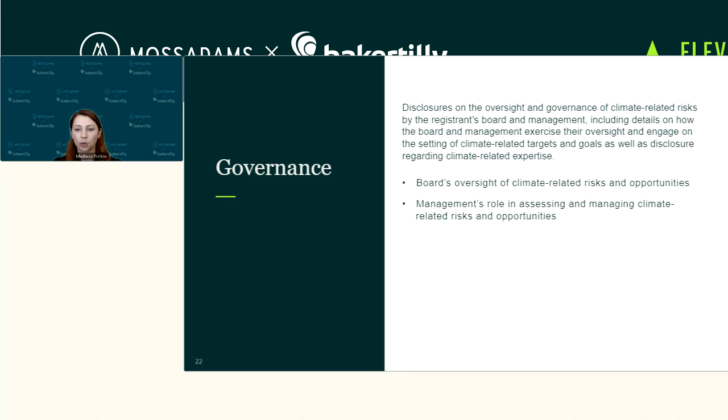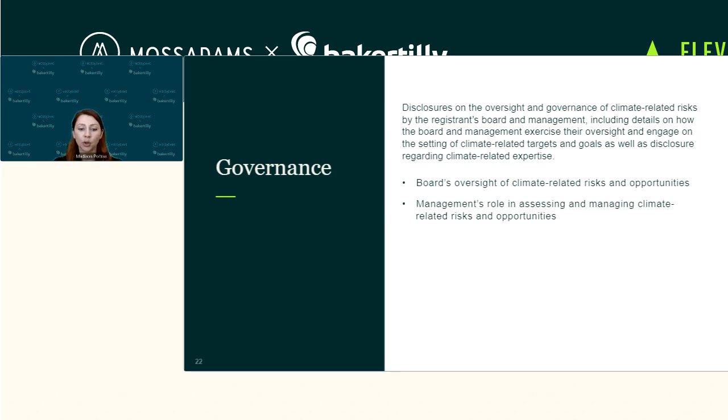These 2 bullet points on this slide include, first, describing the board's oversight of climate-related risks and opportunities. Examples of this would include disclosing processes and frequency in which the board or board committees are informed about climate-related risks, whether the board considers climate-related risk issues in guiding strategy and major plans of action, and how the board monitors and oversees progress against goals and targets for addressing climate-related issues.